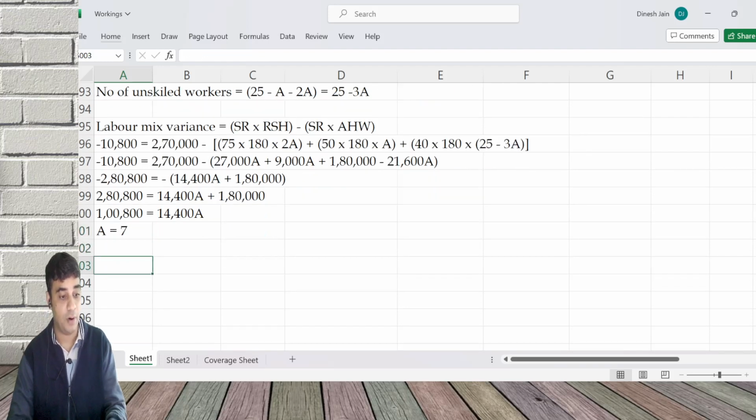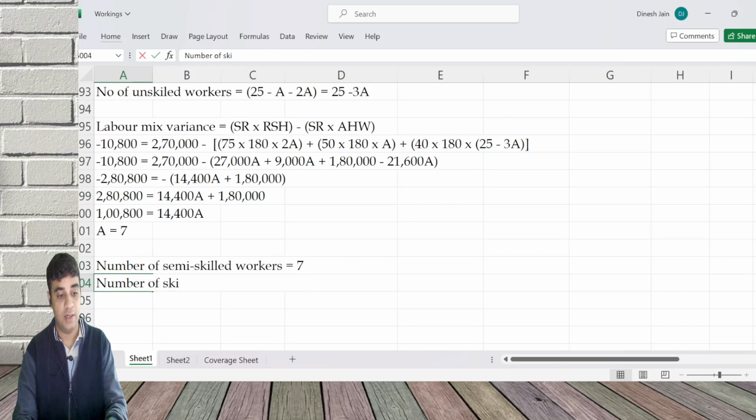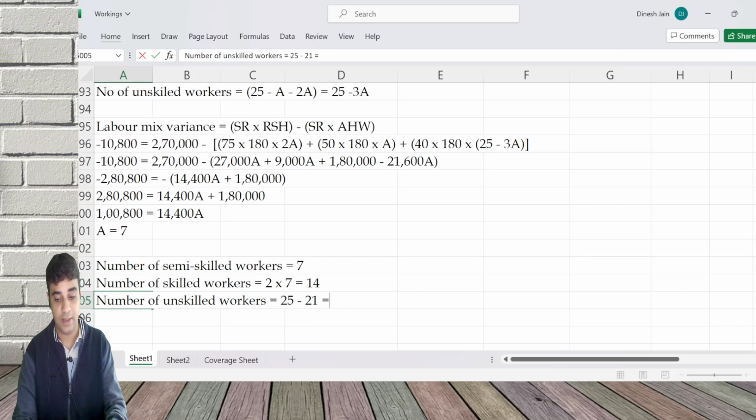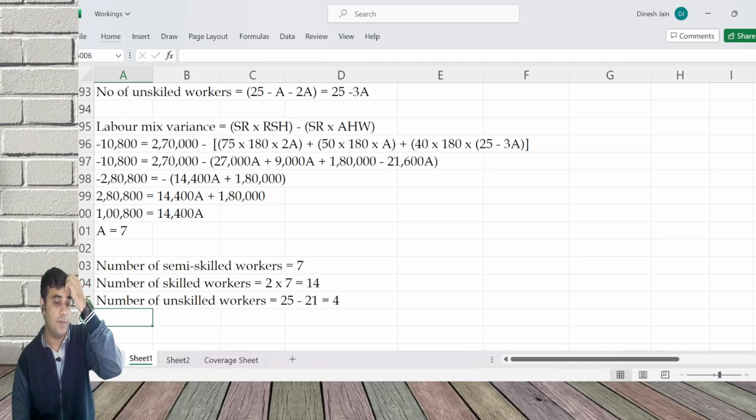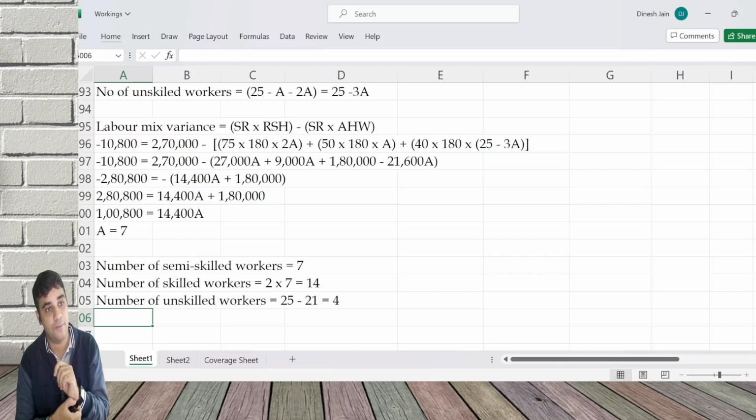Now below this, number of semi-skilled workers is 7, number of skilled workers is 2 into 7, which is 14, and number of unskilled workers is 25 minus 21, which is 4 employees.